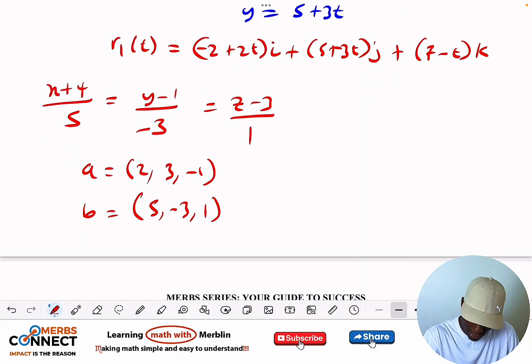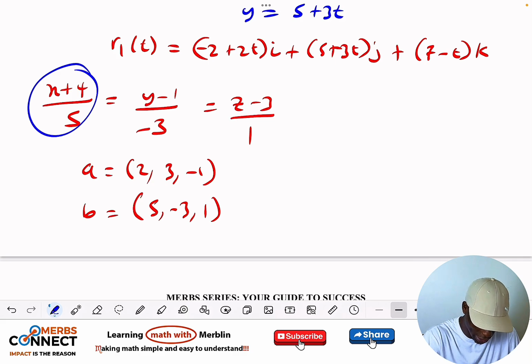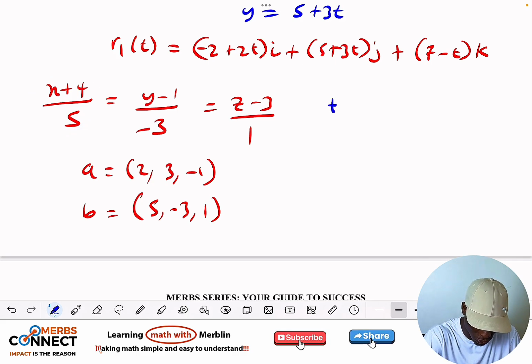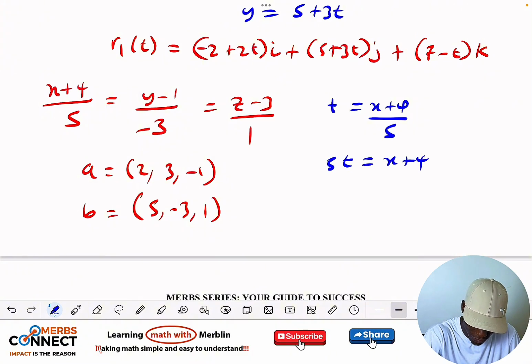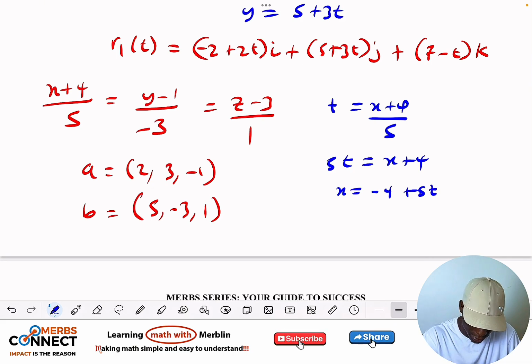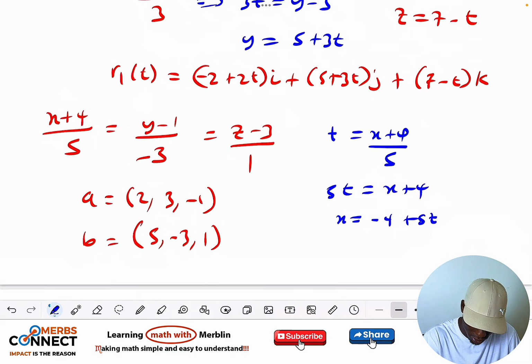So now let me try and do this one very fast. When I equate the first one to t, x plus 4 divided by 5, 5t is equal to x plus 4, and x will be equal to minus 4 plus 5t, right? Good.